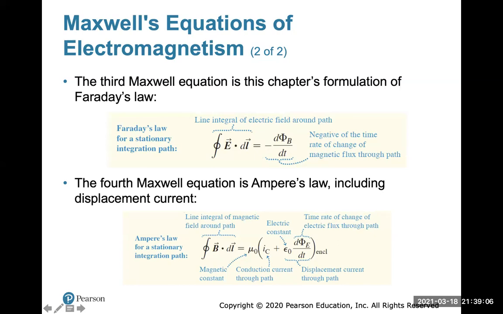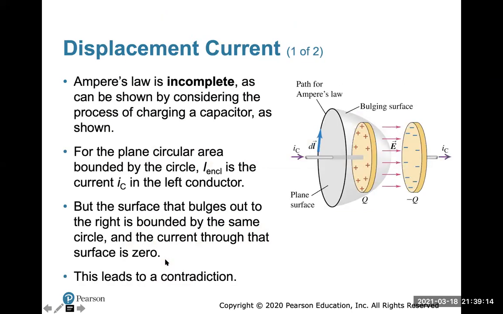All right, so where does that really, really special term that the professor is so excited about come from? It's a little bit of a contrived problem, but it is in fact a problem. Consider two surfaces. One is a planar, circular surface that is pierced by the current in a wire that is charging a capacitor.